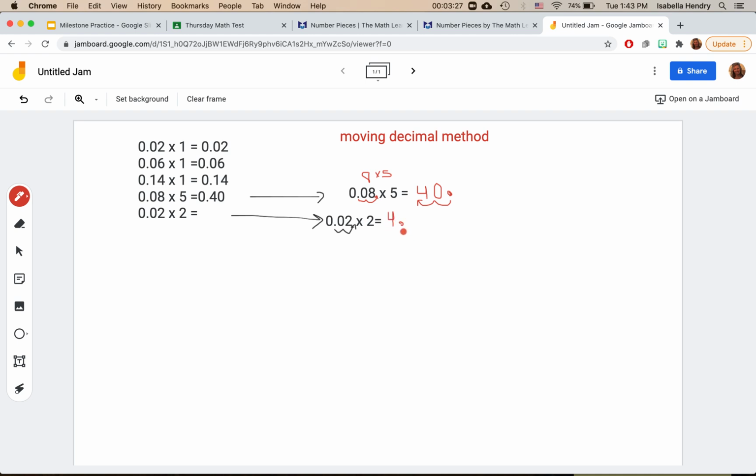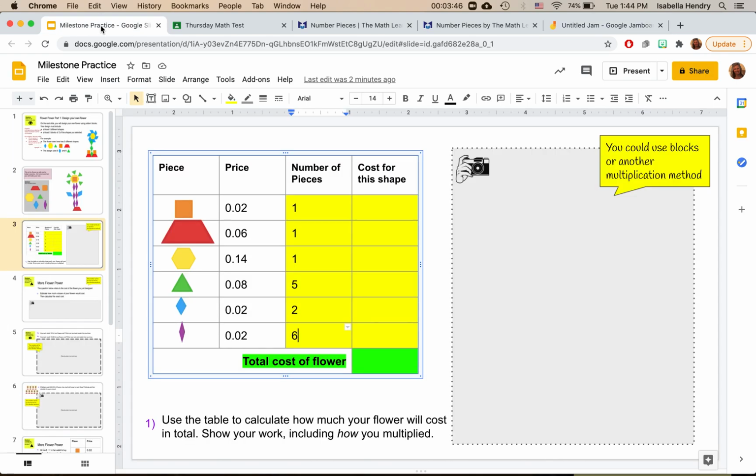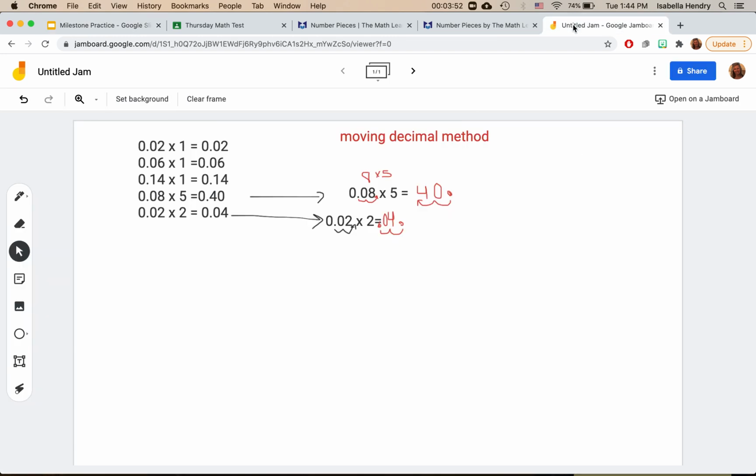Now I have to move that decimal back 2 times. So the decimal goes here, and I put a 0 here to hold that place. My answer is 4/100. If it makes sense to you, you could also just write out a sentence saying 2/100 times 2 equals 4/100. That works for me.